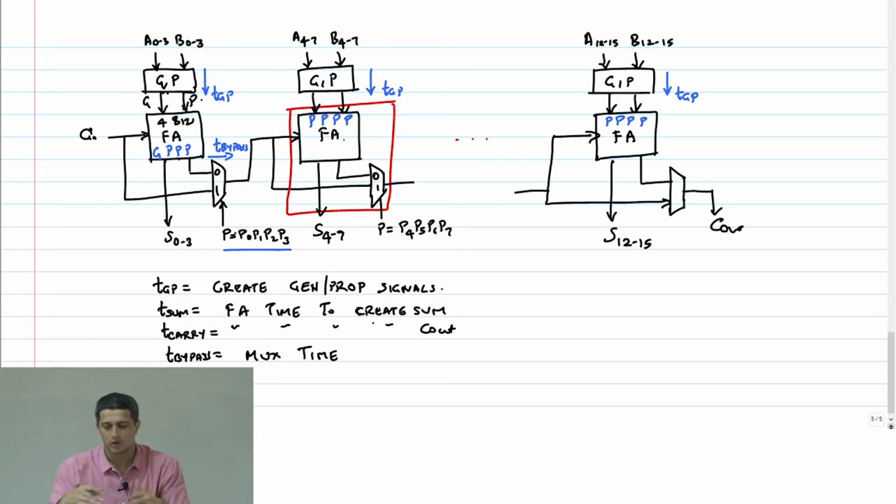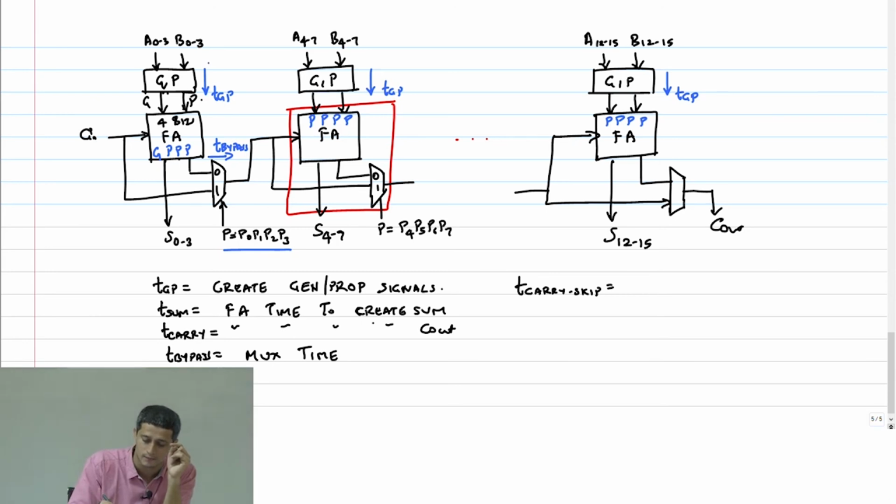Okay. So now can we write out the critical path delay of this circuit? T carry skip. Of course, first thing is you have to create this TGP. Right? It takes time to create the generate propagate signals.